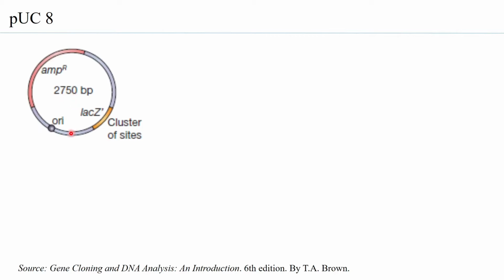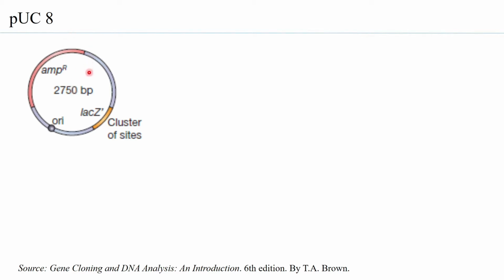So let us look at the construct of pUC8. As you can see, pUC8 has a very small size, about 2750 base pairs, which indicates that one can add an insert or a gene of interest of anywhere between 7 to 8 kb.